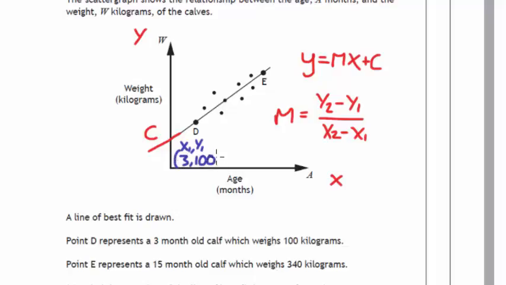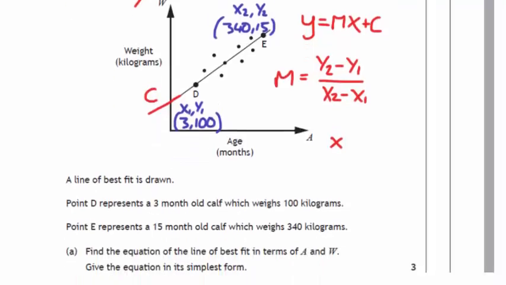This up here is going to be x2, y2, and that is 15 and 340. So we've got pretty much the information we need in order to calculate this.